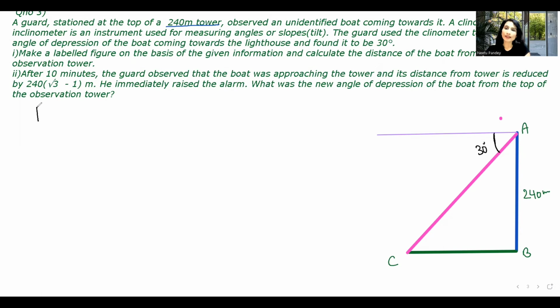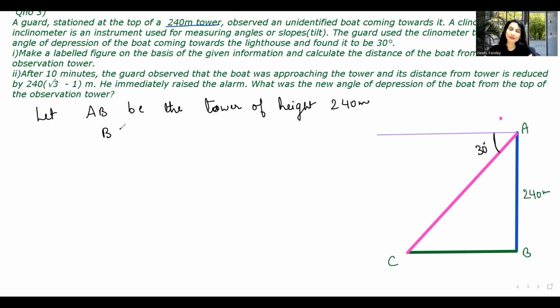So here, let AB be the tower, with the tower of height 240 meters, and BC be the distance of the boat from the tower.